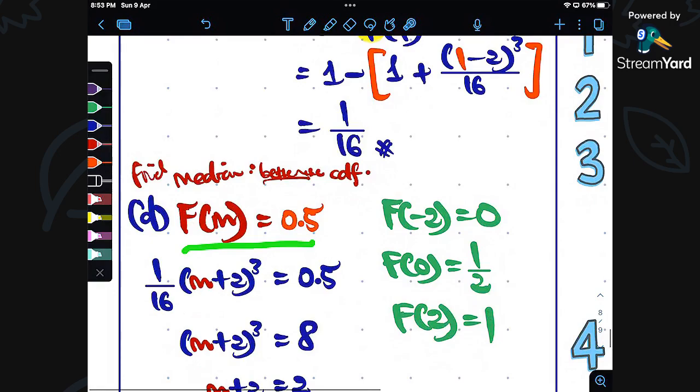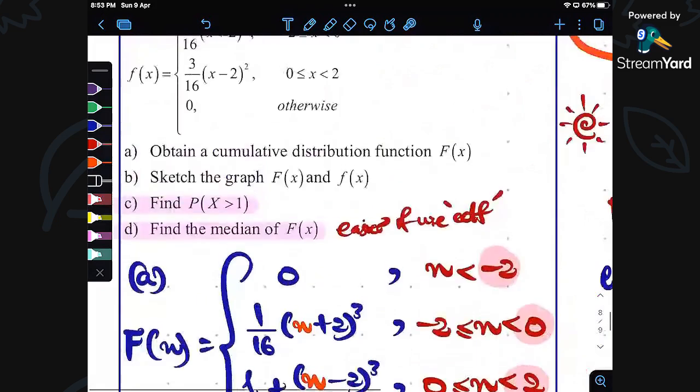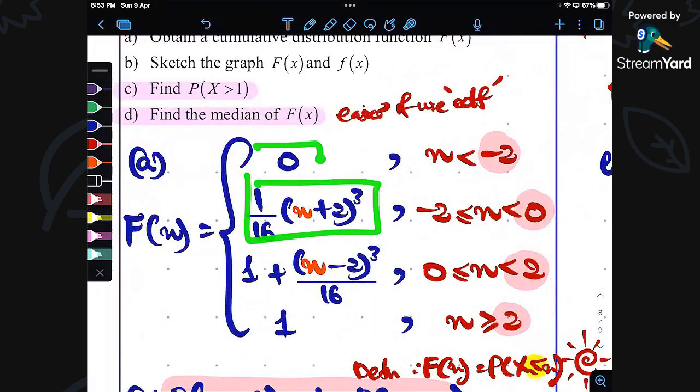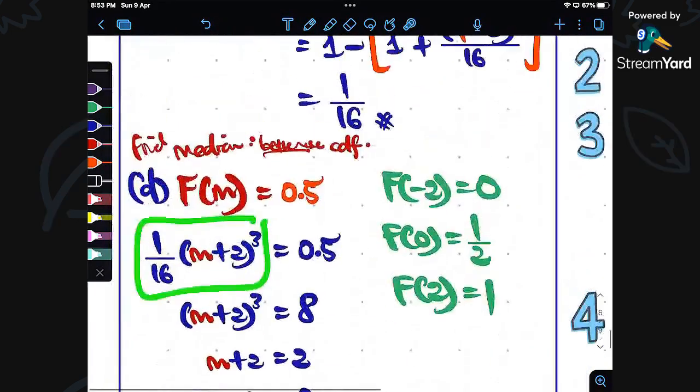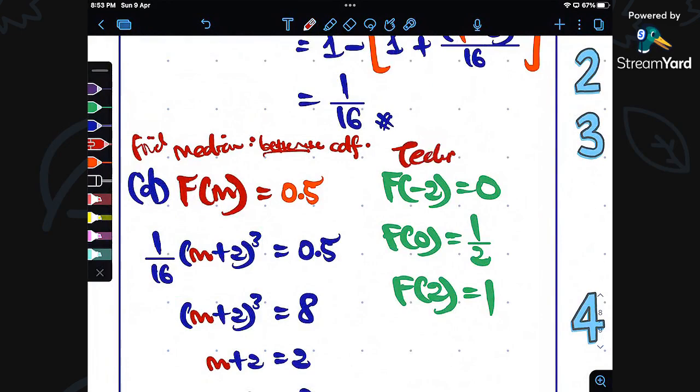So you just insert the function, but you do not know which function because we have a lot of functions. We have 1, 2, 3, and 4 functions, right? So which function is the best to know that that is the median point? You know, so there is a technique. This is the technique. Okay, the technique is to insert some of the values, -2, 0, and 2, and you see what probability you get.